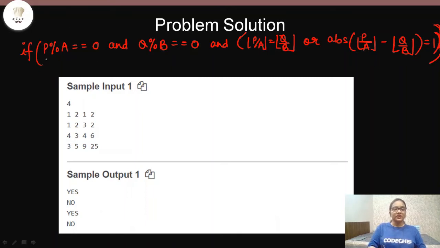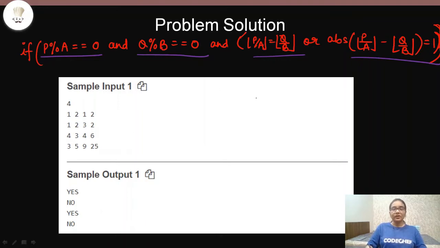So P should be a multiple of A, Q should be a multiple of B. This has to be true, and then either of these conditions can be true. The number of days they take to achieve the skill set has to be either equal or the difference has to be 1. In no other case will they ever be able to achieve the P and Q skill set on any day.